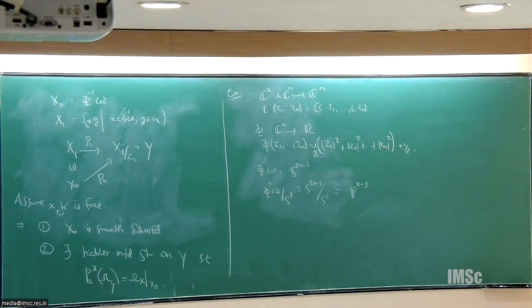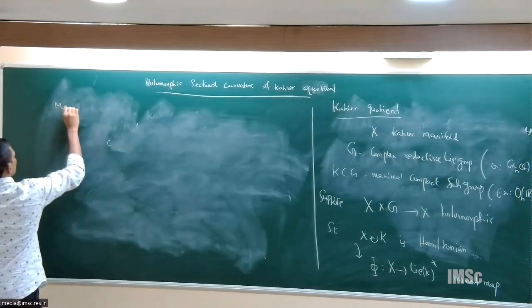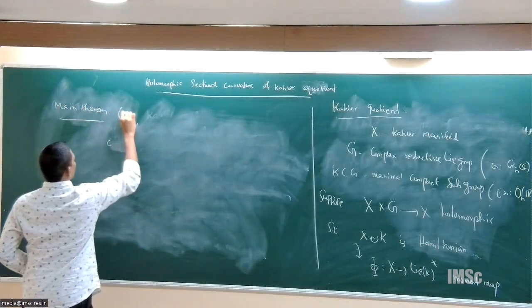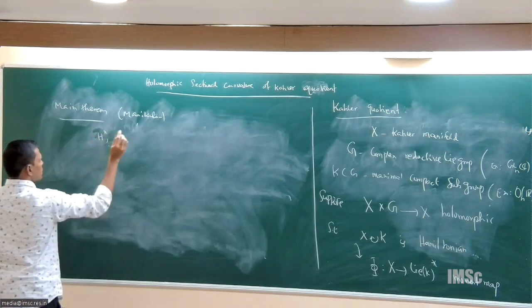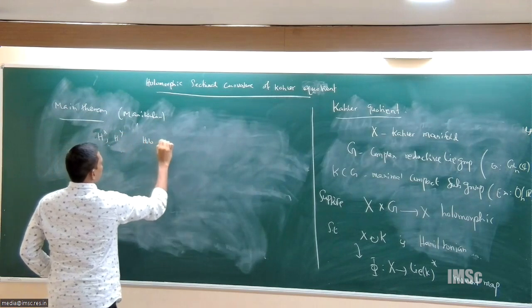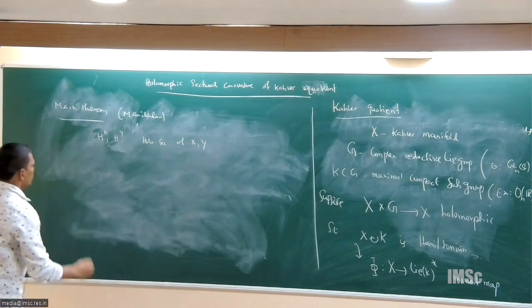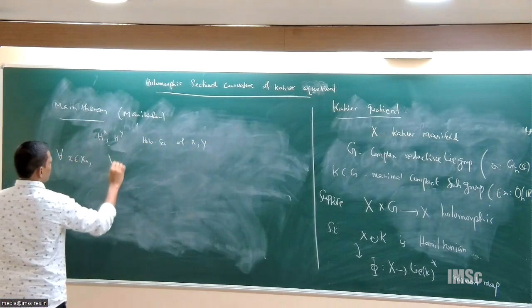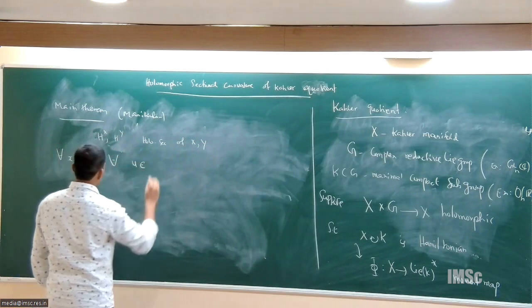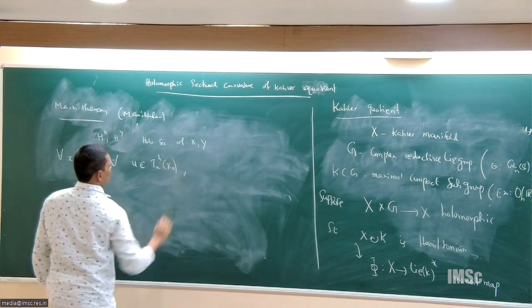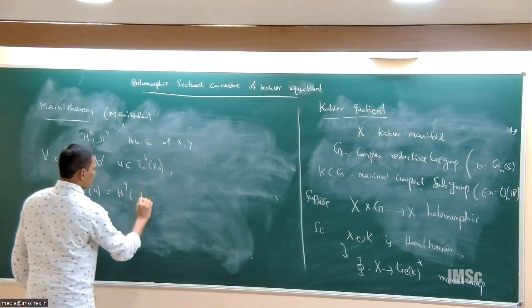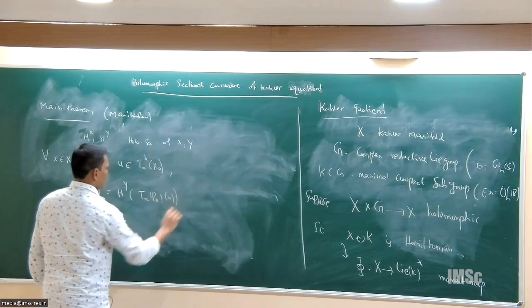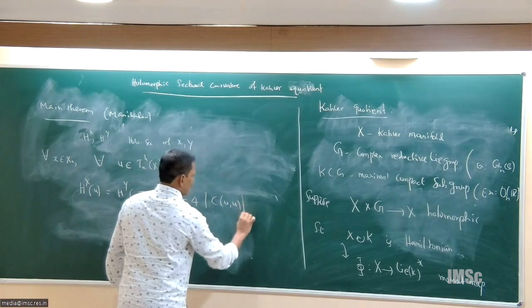Now I will state my main result. Hx and Hy are the holomorphic sectional curvatures of X and Y. Then for all x in X naught and for all horizontal unit tangent vectors u, we have the following formula which relates the holomorphic sectional curvature of X and Y: the derivative of p naught at u minus 4 times the second fundamental form.